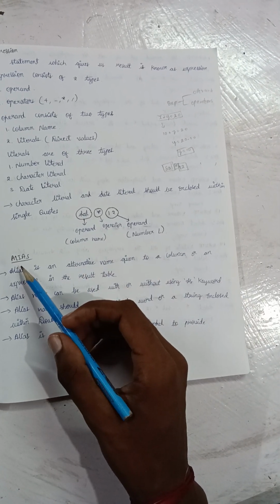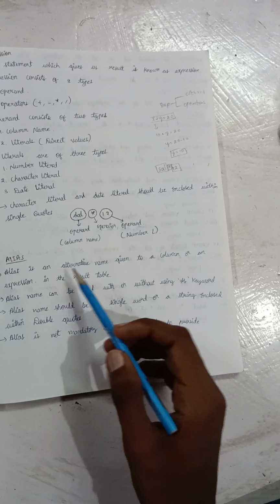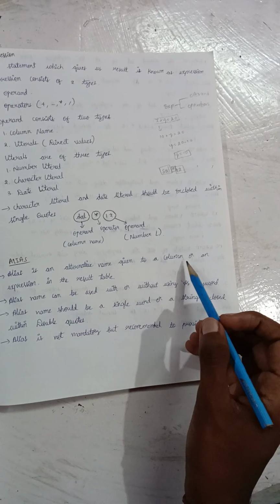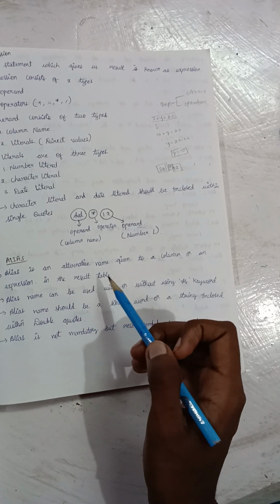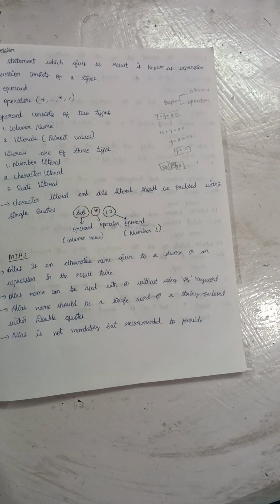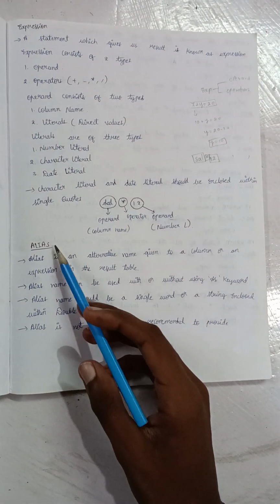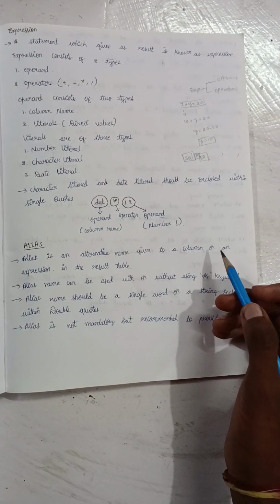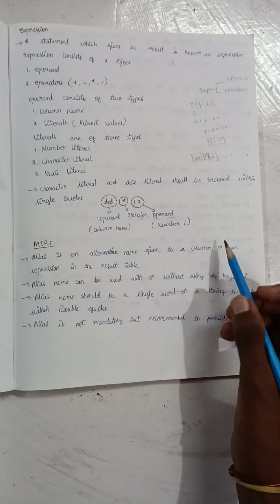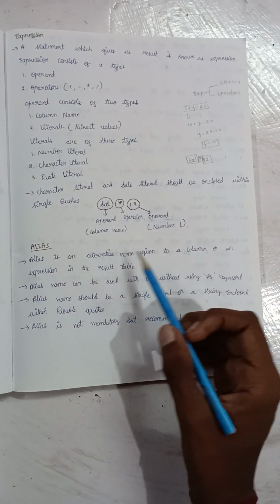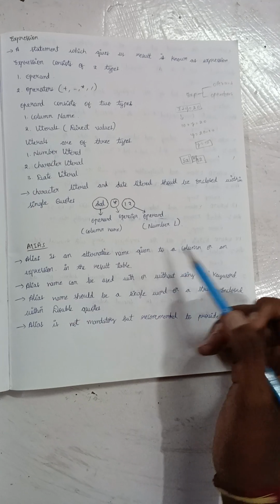Now we discuss alias. Alias is an alternative name given to a column or an expression in the result table. Just as we have alternative names as nicknames, an alias is also an alternative name.